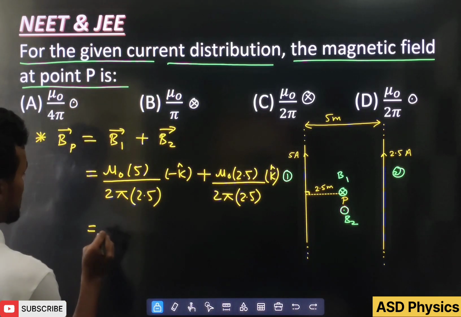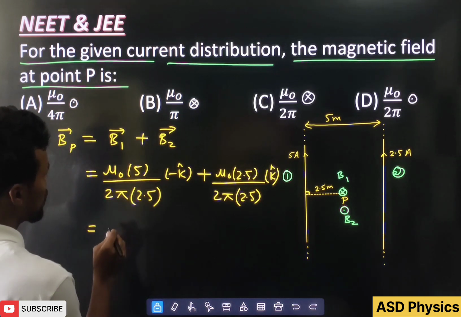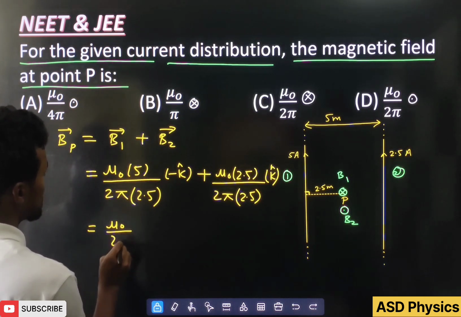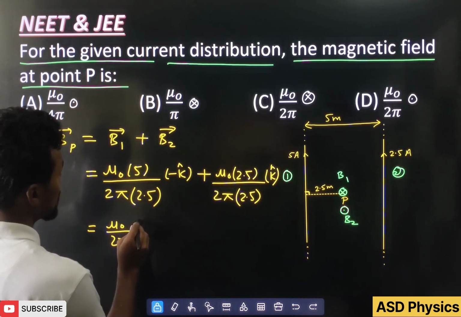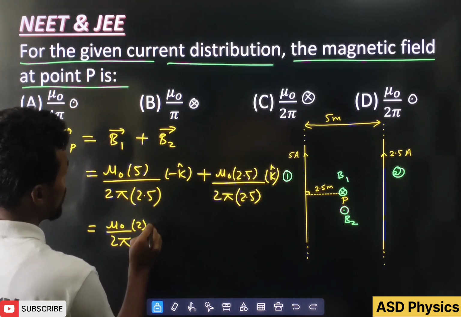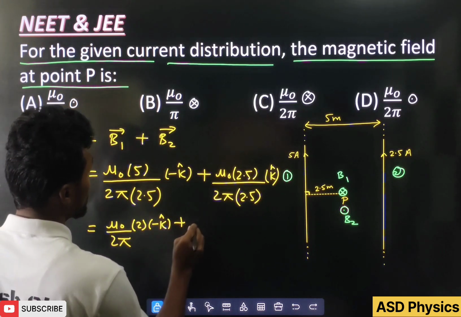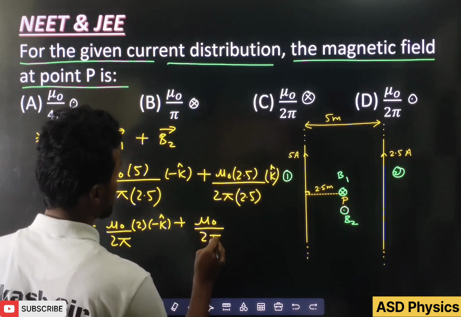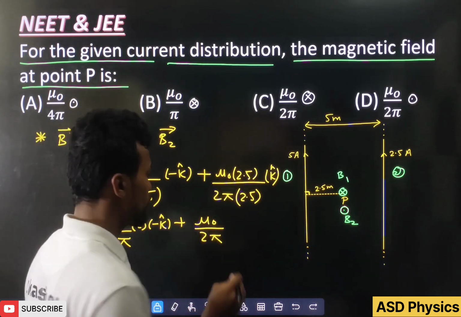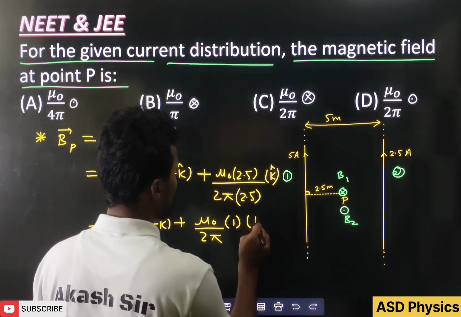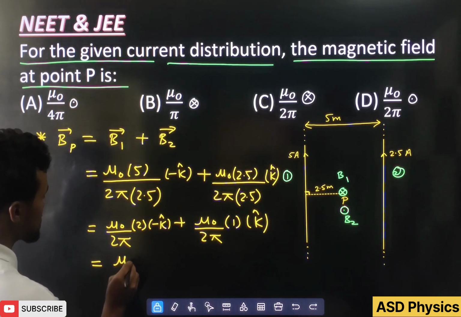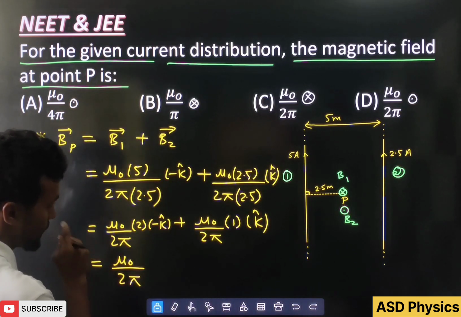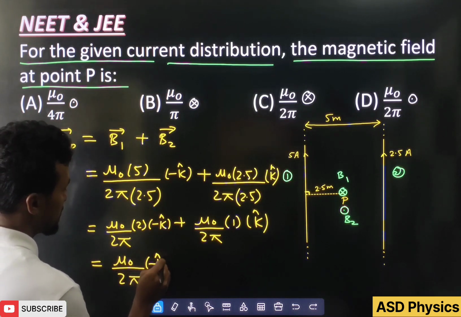So now students, if I simplify this, 5 by 2.5 means 2, so I can write mu naught by 2 pi, and here 5 by 2.5 means 2. So this will come as 2 minus K cap plus again mu naught by 2 pi, 2.5 by 2.5, 1, and here K cap. After that, students, let's take mu naught by 2 pi minus K cap common.